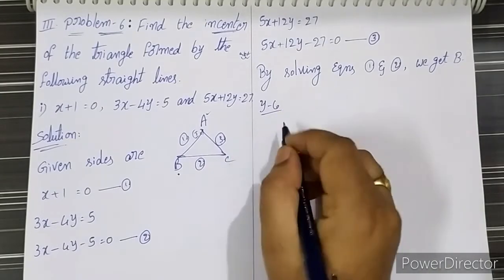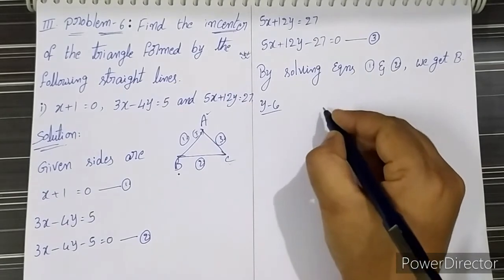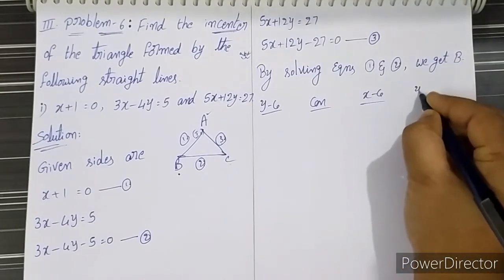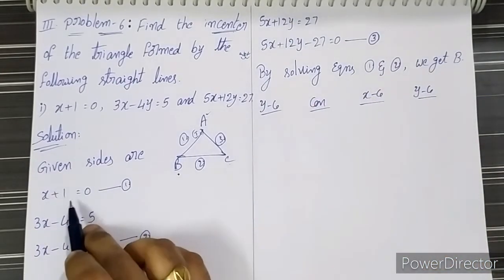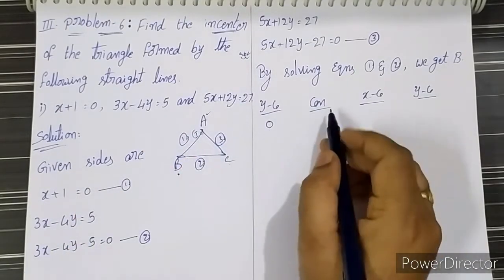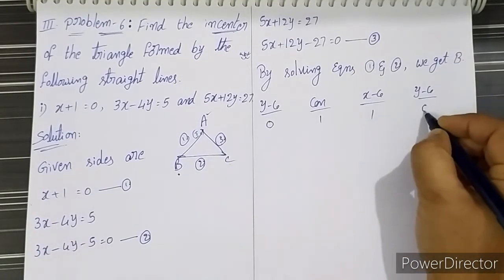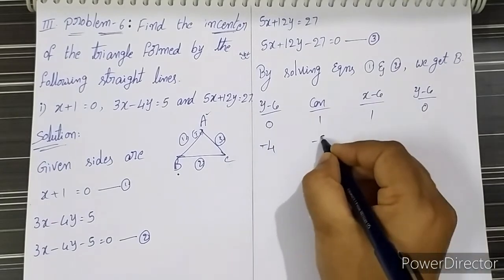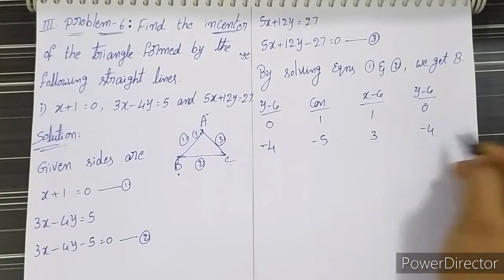The method is, we write first the y coefficient, constant term, x coefficient, and again the y coefficient values. From the first equation, there is no y term, so the y coefficient is 0, the constant term is 1, x coefficient 1, y coefficient 0. In the second equation, y coefficient minus 4, constant minus 5, x coefficient 3, y coefficient minus 4.